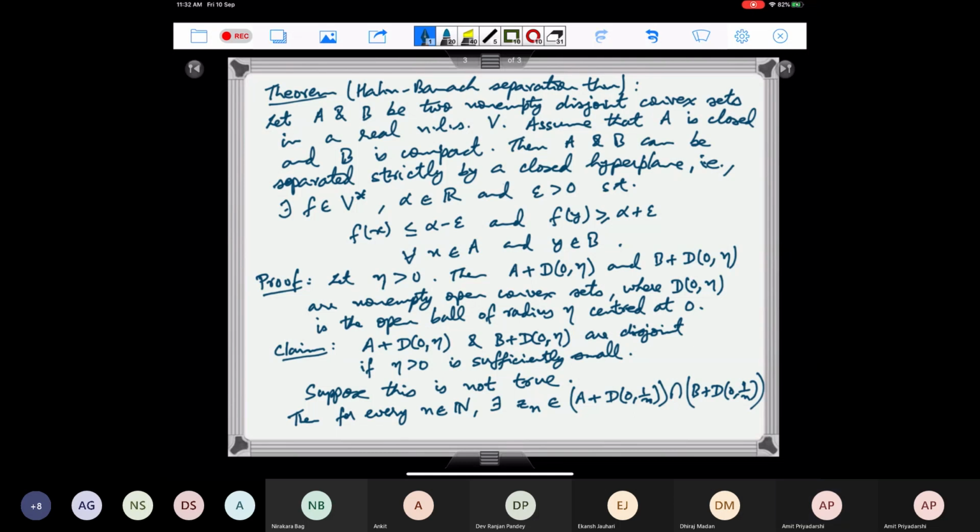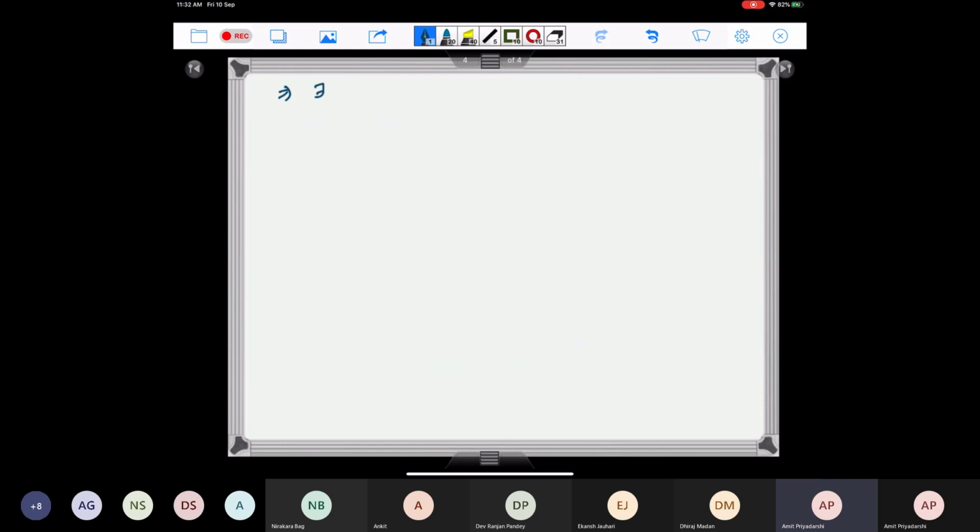Right? So what does this mean? If Zn belongs to A plus D0 1 by n intersection this, this implies there exists xn in A and yn in B such that Zn minus xn belongs to D0 1 by n and Zn minus yn belongs to D0 1 by n.